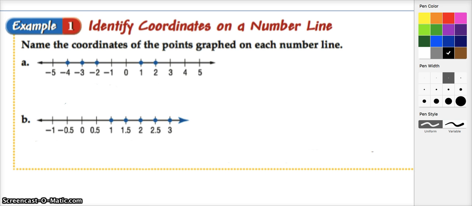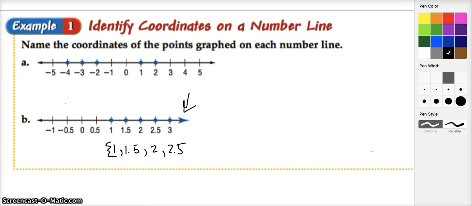However, we need to be aware of some symbols that are happening here. When I look down here, I see that this arrow is highlighted. That's an indication that I should continue. So the numbers that I'm looking at are 1, 1.5, 2, 2.5.